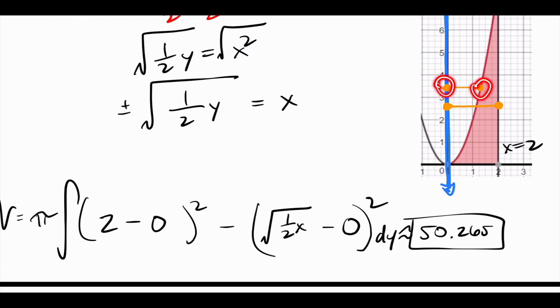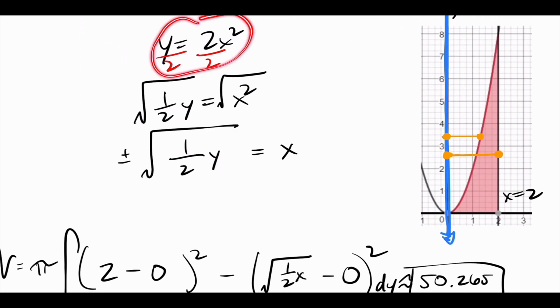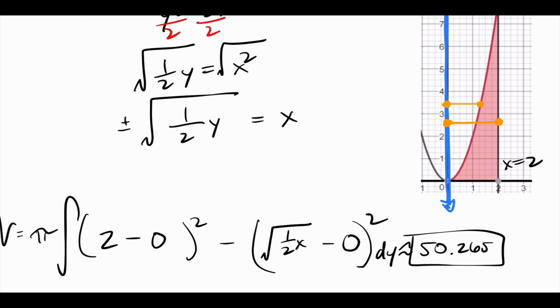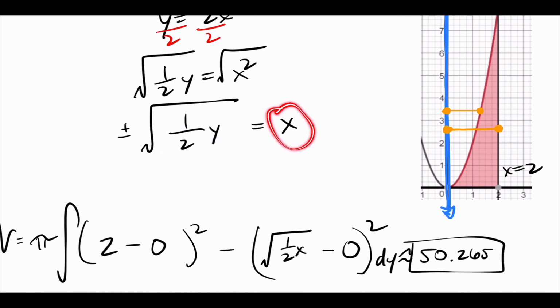Little r extends from this to this. So this is y equals 2x squared. But I can't write it like that because it's with respect to x. So I have to write it with respect to y. So you have to solve for x. It's plus and minus, but since this is the positive side, I only need the positive one. And then minus 0.